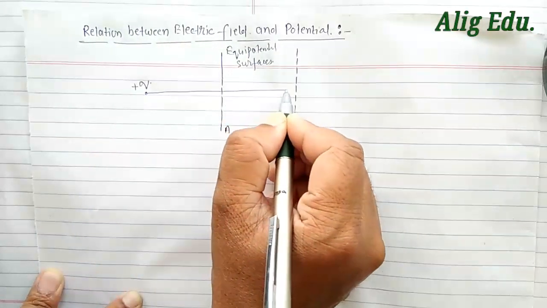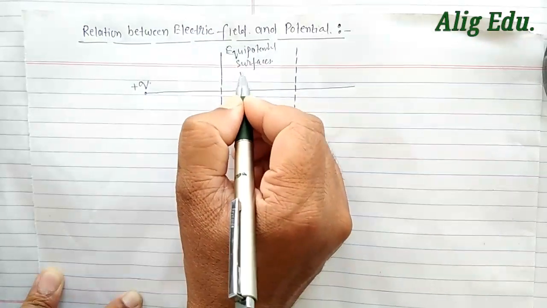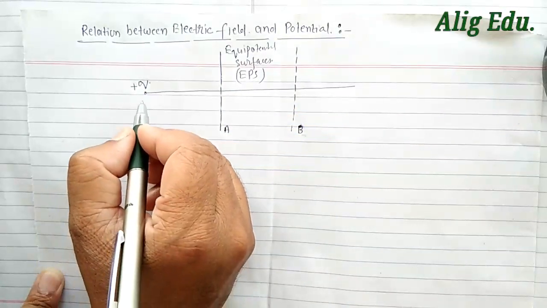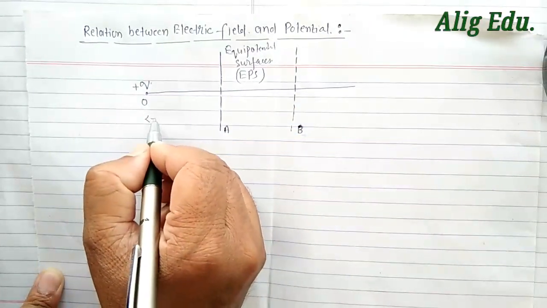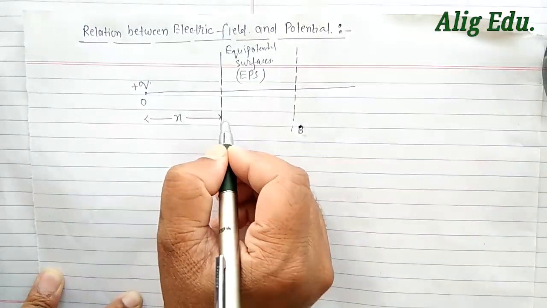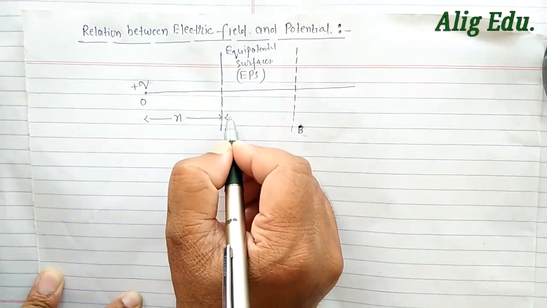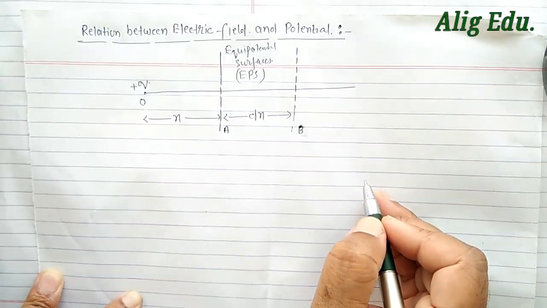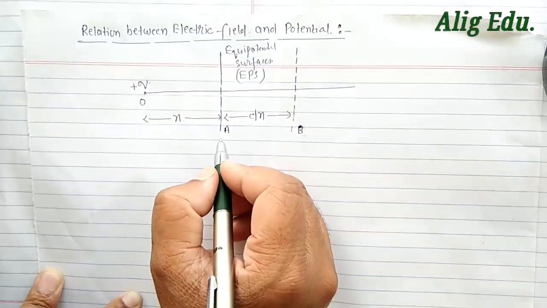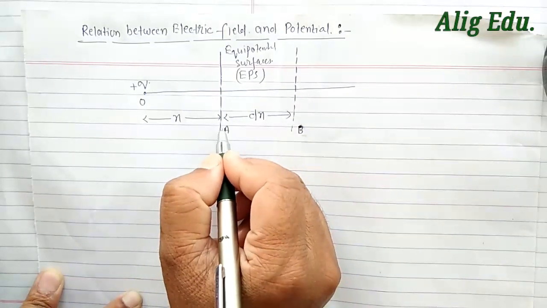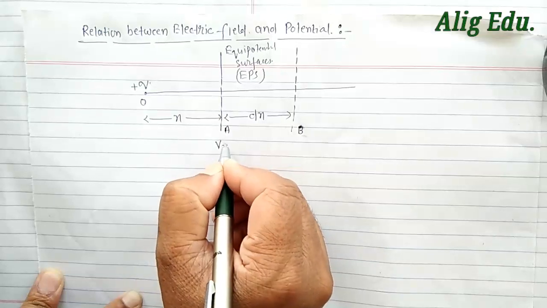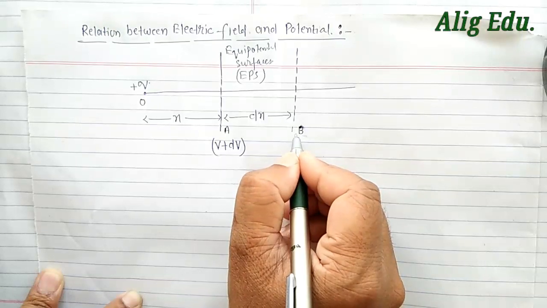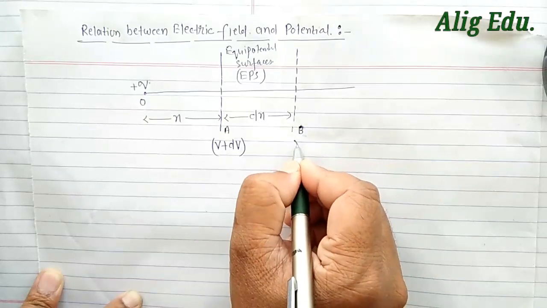and the distances of these two equipotential surfaces from the origin O are x and x plus dx respectively, and the potential on equipotential surface A is, suppose, V plus dV, and the potential on surface B is V only.